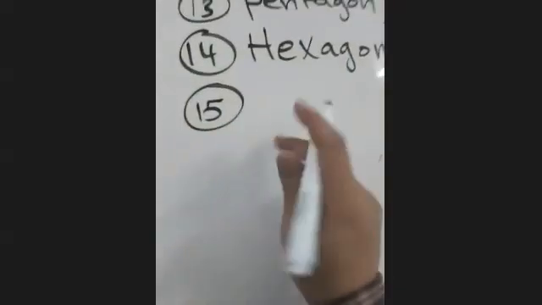Question 15, describe the attributes of each quadrilateral, then classify the quadrilateral. This quadrilateral, guys, we call it parallelogram, if you remember. And in the parallelogram, opposite sides are congruent and parallel. So question 15, what will you write?